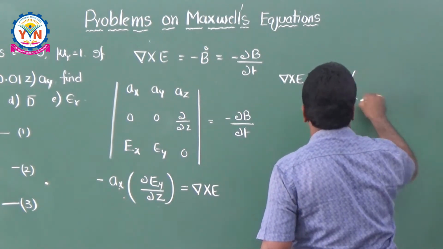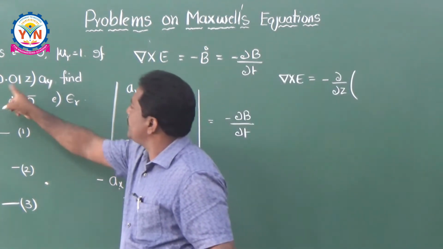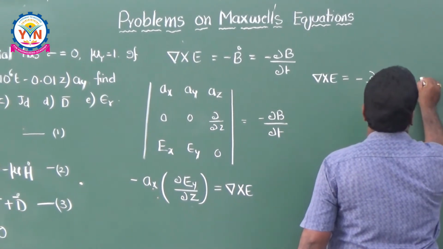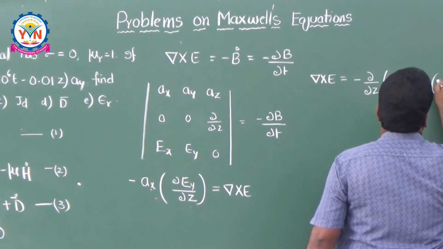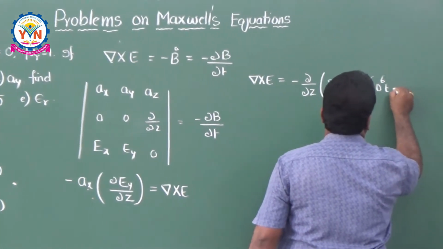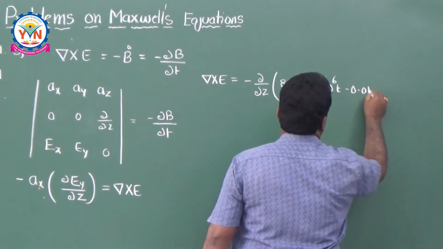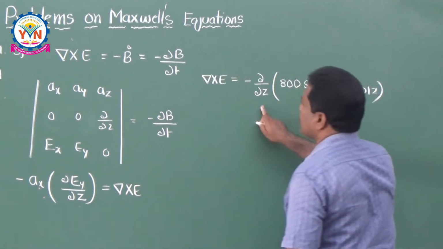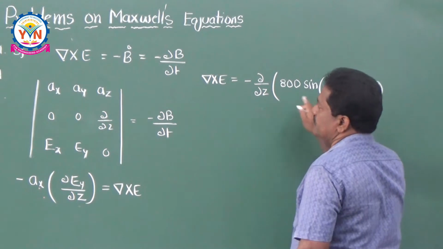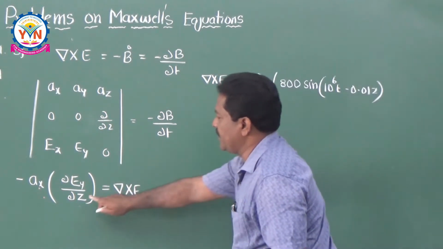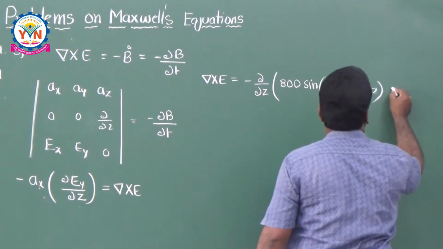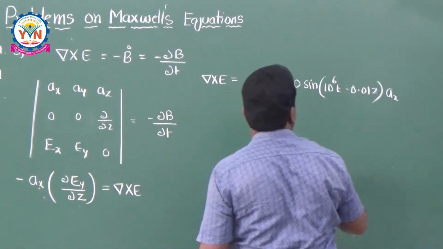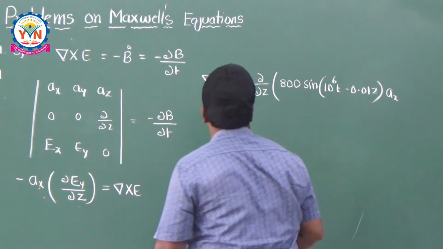What is Ey given? Ey means electric field in Y direction, that is 800 sin(10^6 t minus 0.01 z). This is dou by dou Z of Ey. In which direction? X direction, because it is AX. That should be minus.